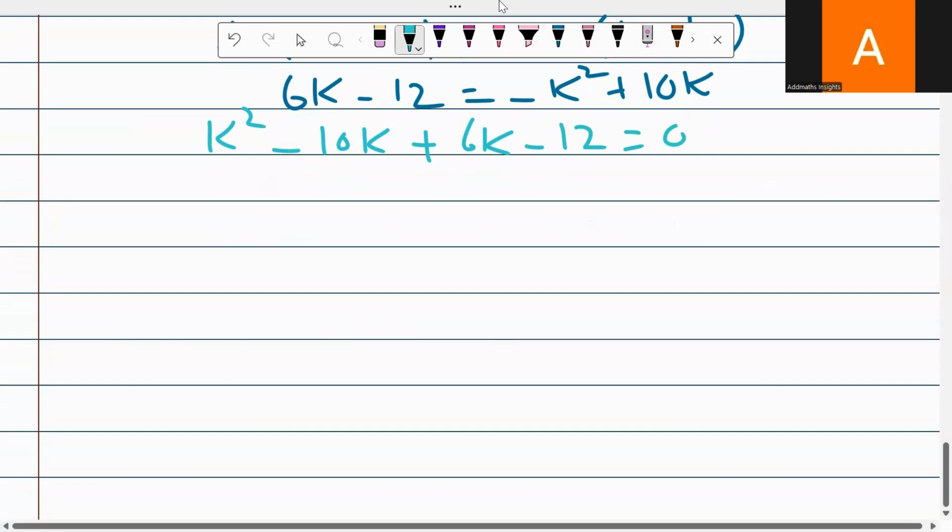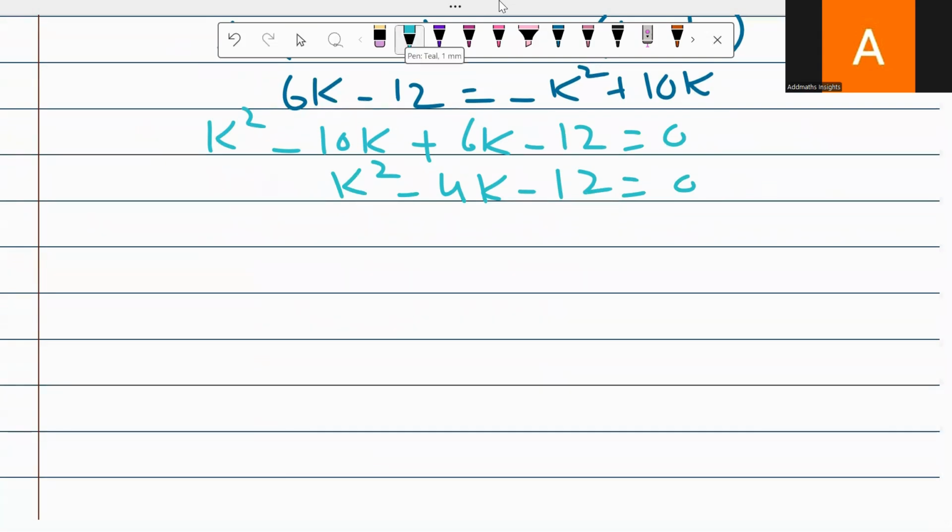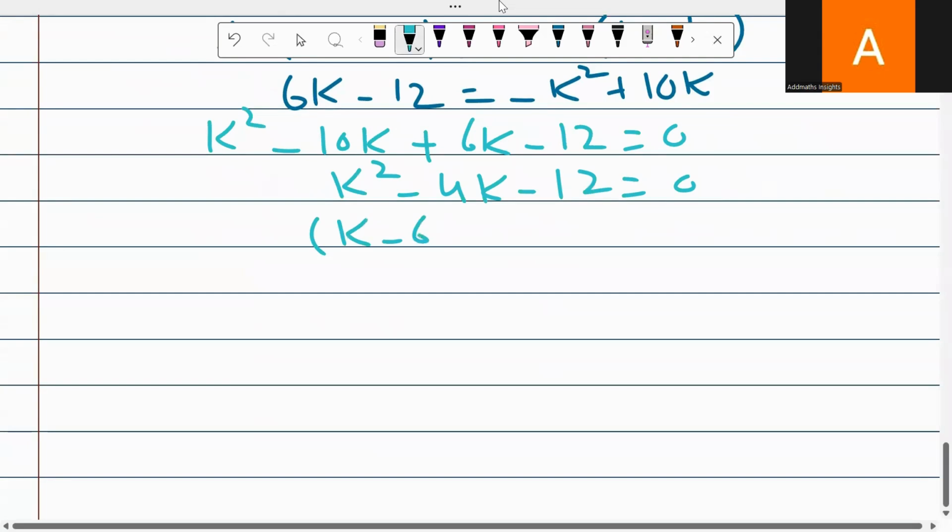So your answer is k square minus 4k minus 12 is 0. Now you factorize it: k minus 6 into k plus 2 is 0. And this is how you get two values of k: k is minus 2 and k is 6.